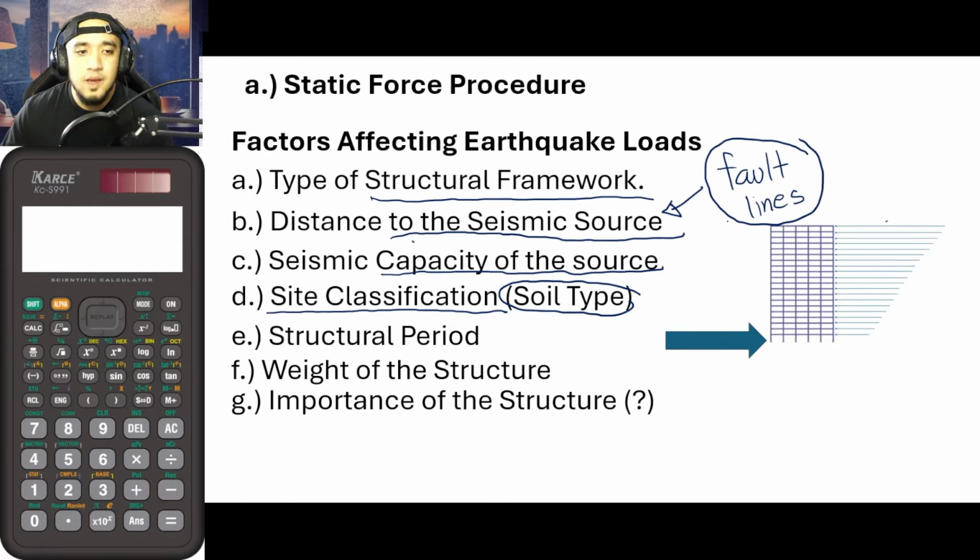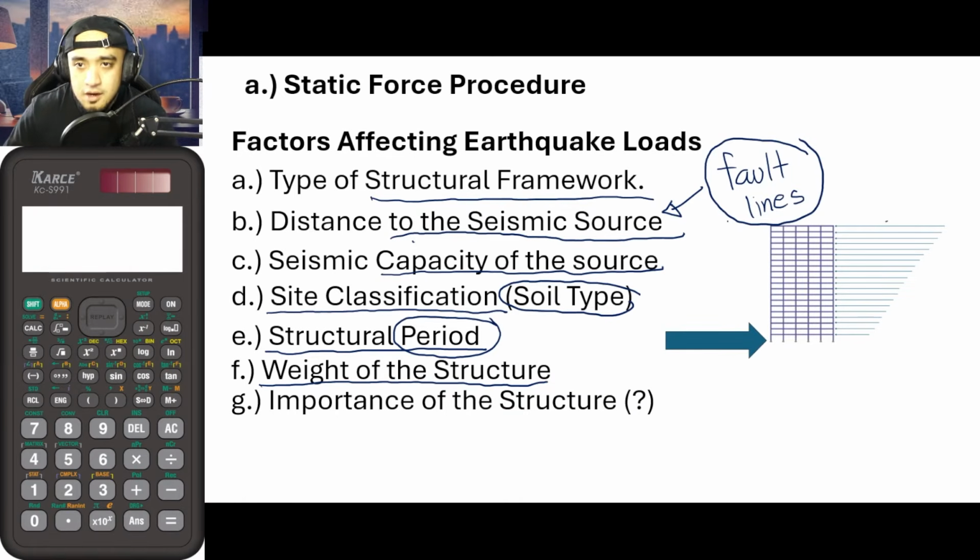Okay, so also the structural period. When we say period, this is a unit to measure the time it would take for a particular building to vibrate. So later on that. Okay, and also guys, the weight of the structure would affect, of course, the base shear.